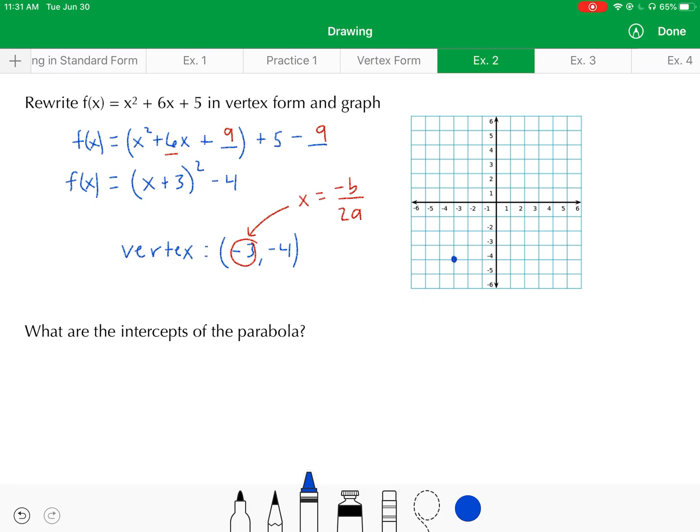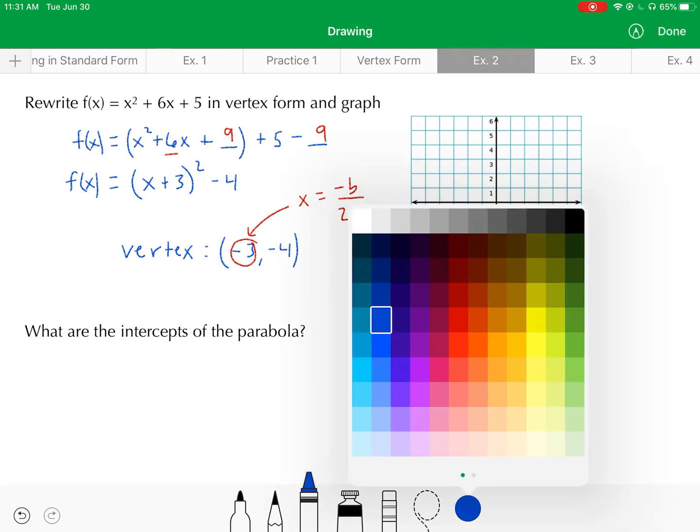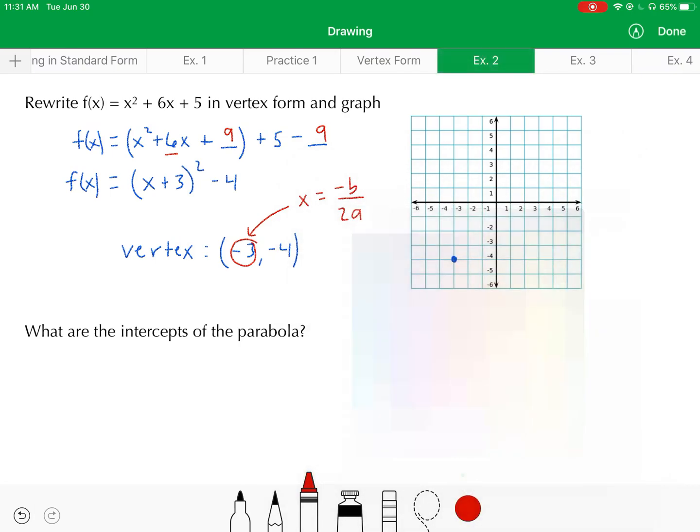And then here's where your transformation rules come into play. So recall, let me graph our parent function. So y equals x squared, it has a point at the origin, 1, 1, -1, 1, 2, 4, -2, 4. Okay, so that's y equals x squared.